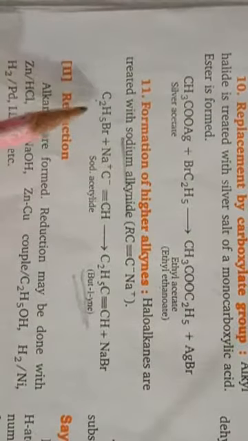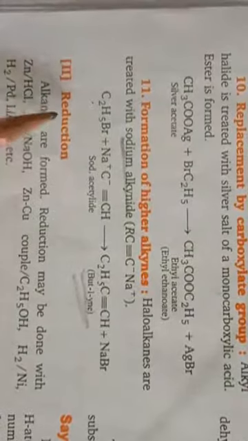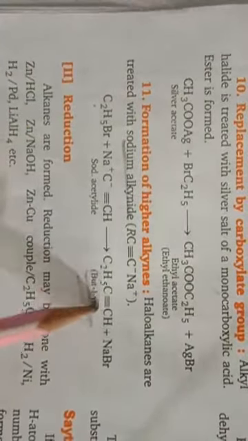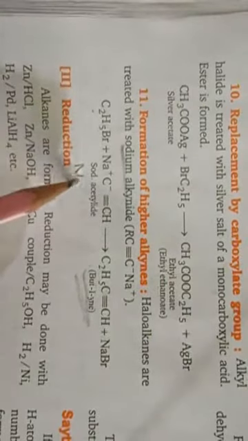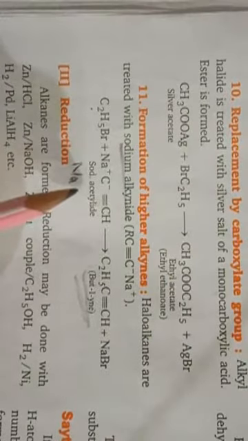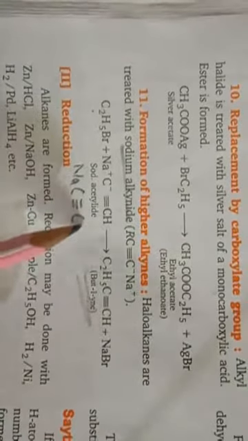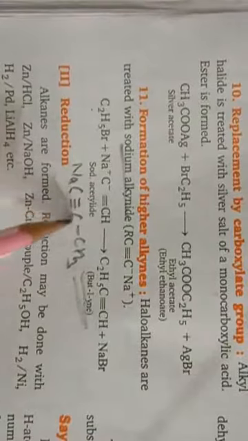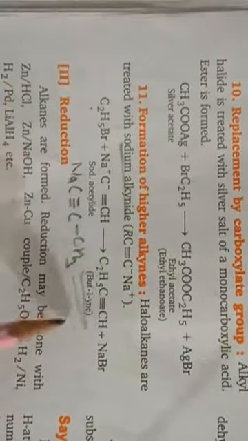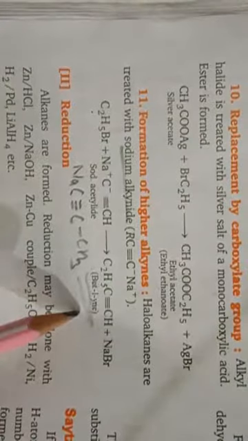Now if you want to convert this 2 carbon chain into a 5 carbon chain at last, what will you take? You will take the sodium salt of propyne. When you use this propyne, you will get at last a chain of 5 carbons, or an alkyne of 5 carbons.